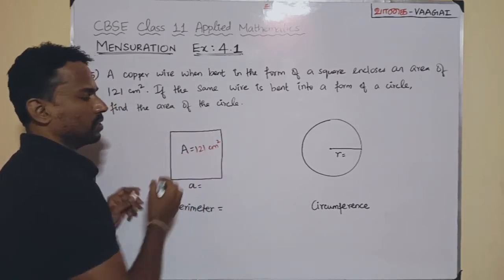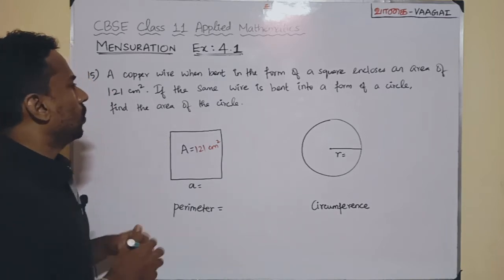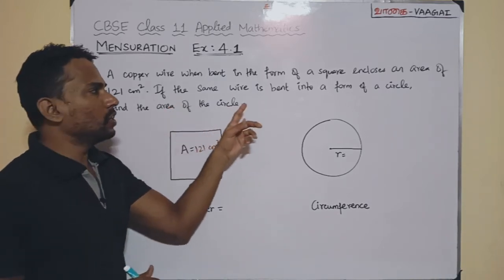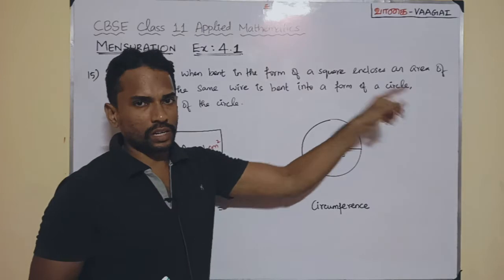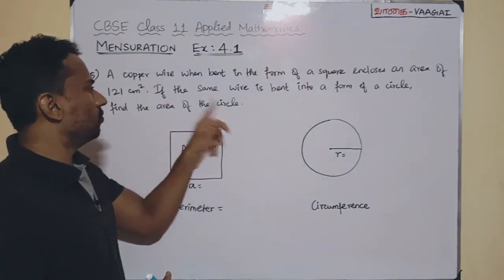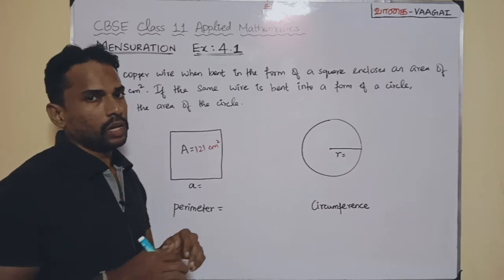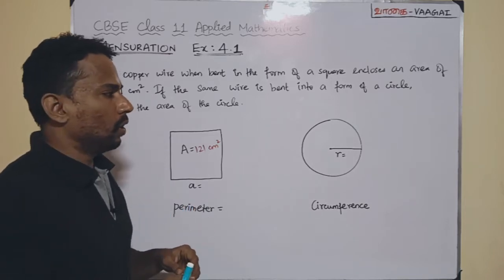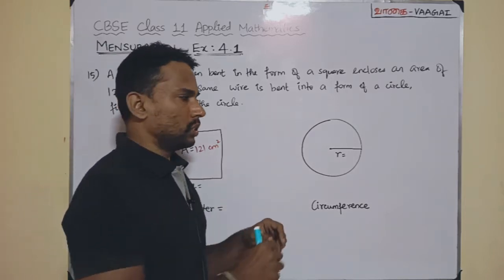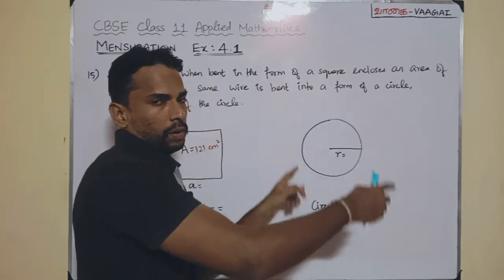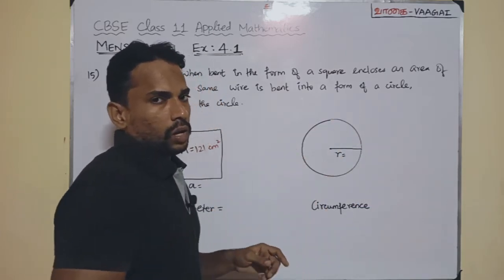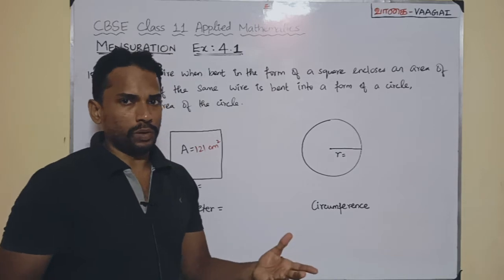I'm noting it here itself. Now next is, if the same wire is bent into the form of a circle, then find the area of the circle. So we need to find the area of the circle now. Now the same wire is taken, and with that wire they are going to make a circle. Now that circle's area will be how much?